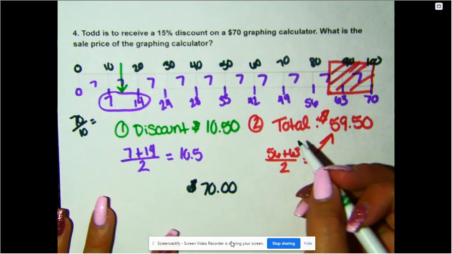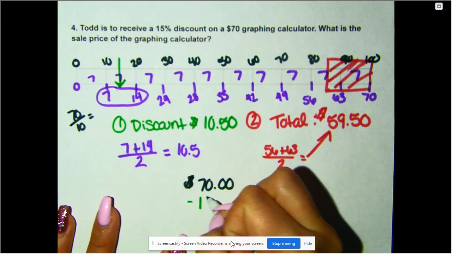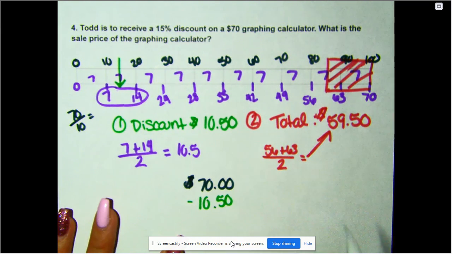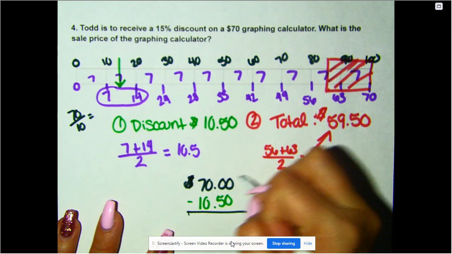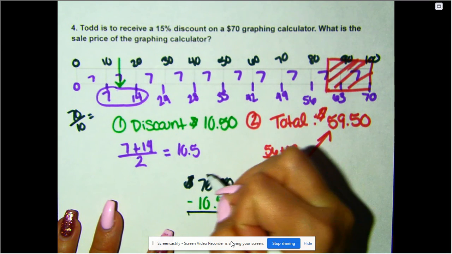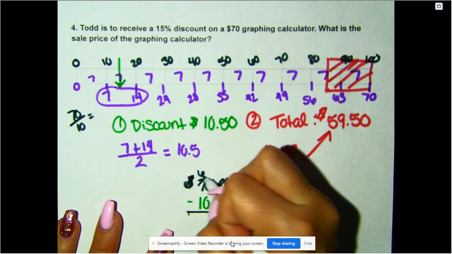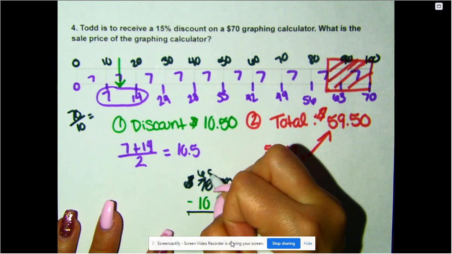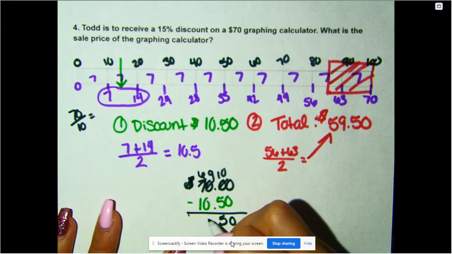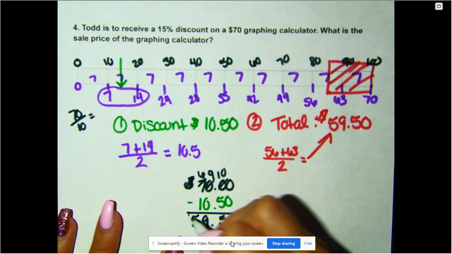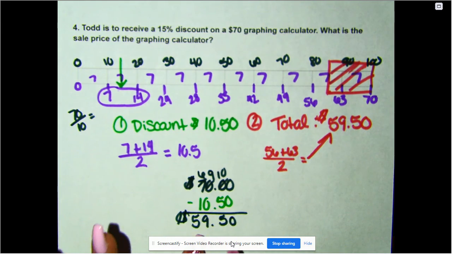So if I take my total and I subtract $10.50, whether you use a calculator or you're doing it by hand, okay, you're ending up getting $59.50 as your new total.